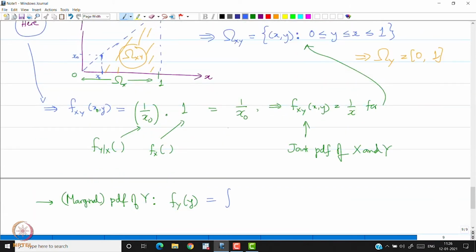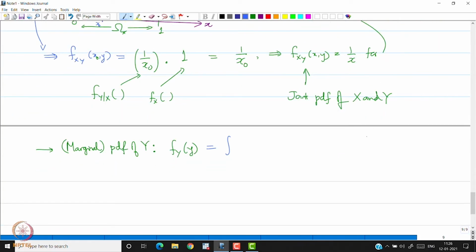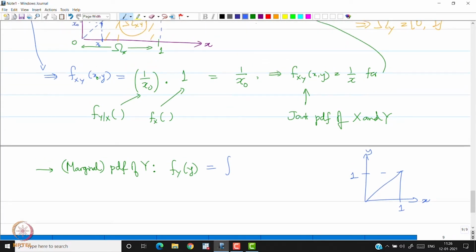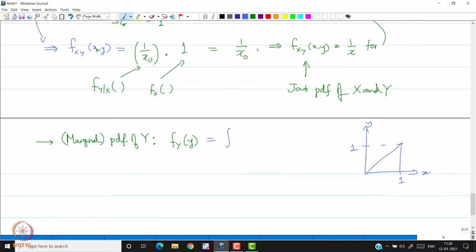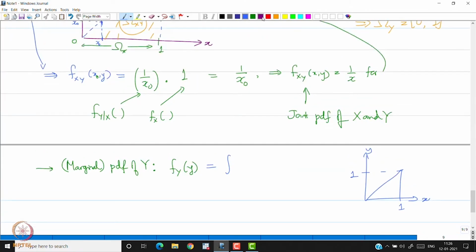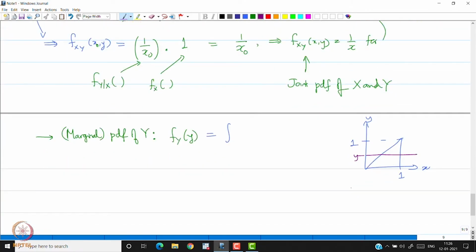I think I should draw this again. I'm going to freeze the value of y at some value in the interval 0 to 1, and if I freeze the value of y, then x can take values, the new omega x will be, sorry, y to 1.